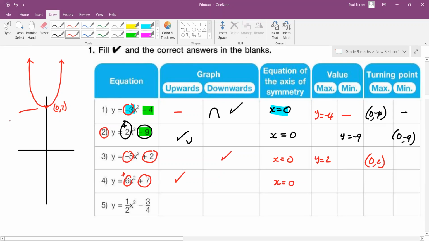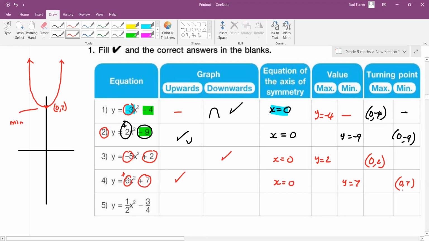So this is a minimum. So that would be y equals 7 as a minimum. Your turning point is 0, 7, and that's also a minimum, of course. So 0, 7, like that.